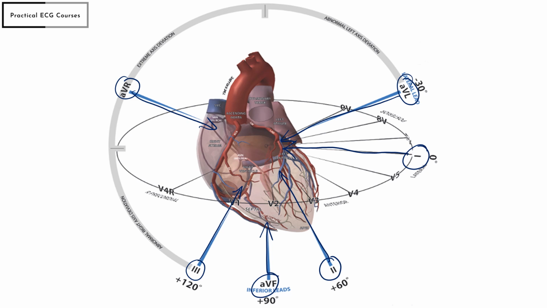The reason that I am repeating this image again and again is to imprint the location of these leads relative to the heart, especially the location of the 3 bipolar leads. That's the lead 1, lead 2, and lead 3. Now that we are done with this, building the basics, let's move on to the electrical axis.